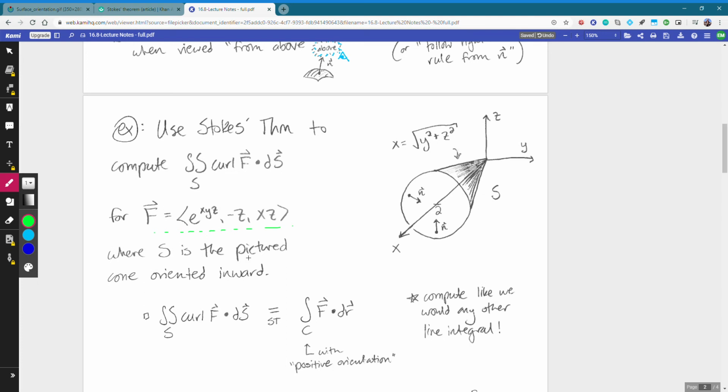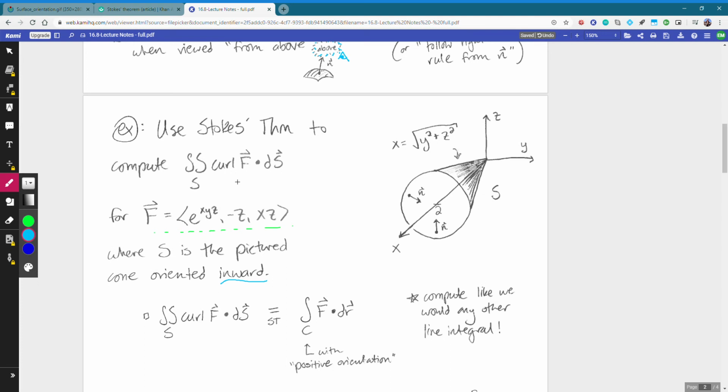And so here we are given the orientation for our surface, and this is going to be showing us which direction our normals are going to be pointing. And so here it's pointing inward. So here you can imagine all the normal vectors attached to this ice cream cone. Instead of pointing to the outside, they're pointing to the inside. So we have this sort of orientation for our surface integral.